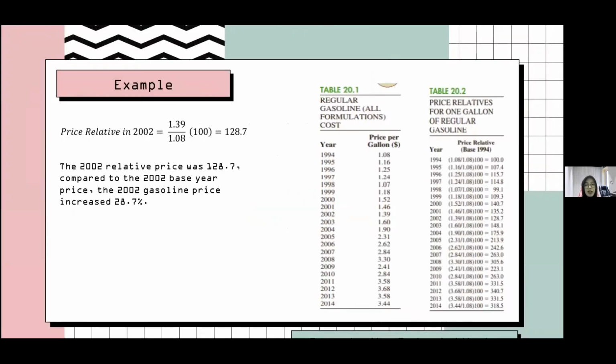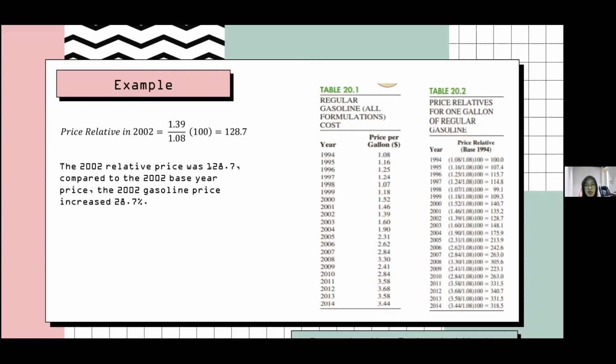For example, you can see the reported cost of a gallon of regular gasoline from 1994 to 2014 in Table 20.1. For comparison with other years, the actual cost per gallon can be converted into a price relative, which represents a percentage of the unit price in each period. Let's take one of the years, namely 2002.